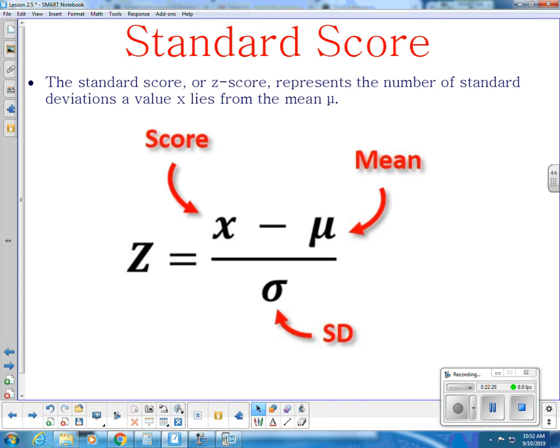So your z-score is your score, whatever the data entry is, minus the mean, divided by the standard deviation. And you find these the same with a sample as you would with a population. Okay, what are we talking about here, sample or population? What symbols do we have, sample or population? Population, right? This would be an X with a line over, this would be an S. Doesn't matter, same thing, okay?